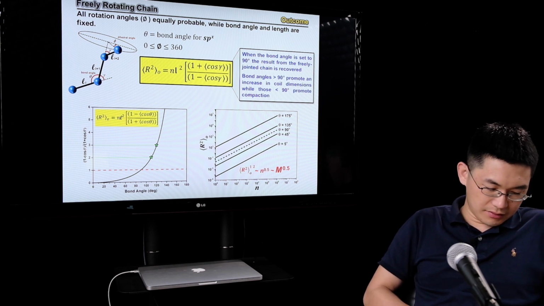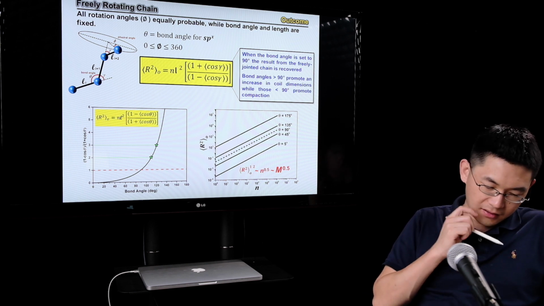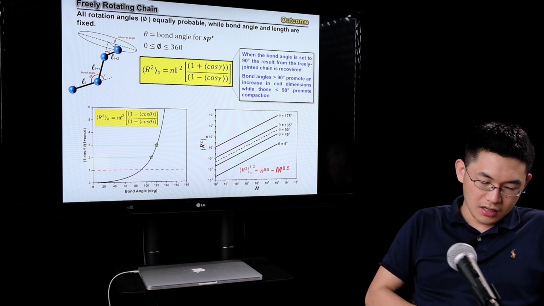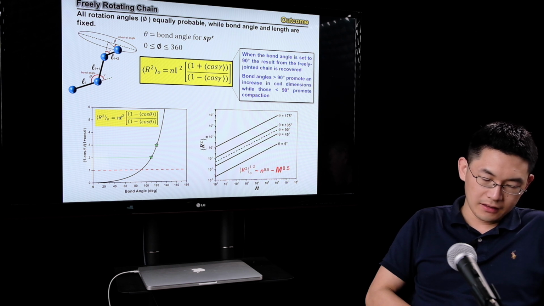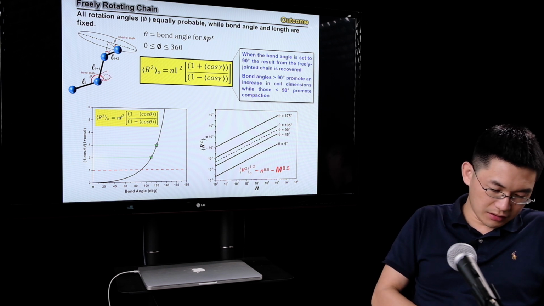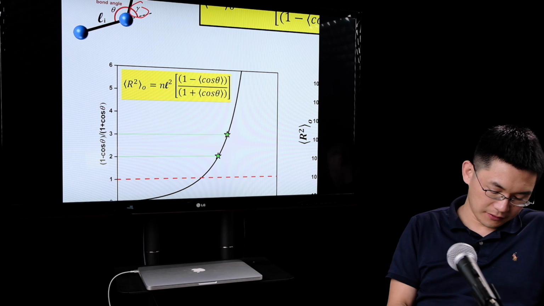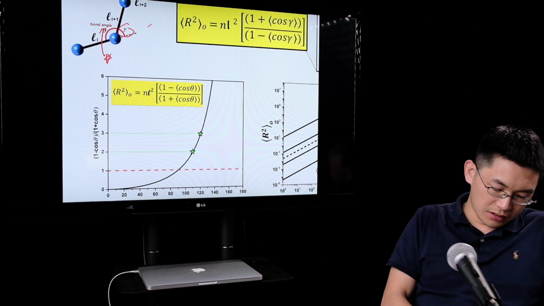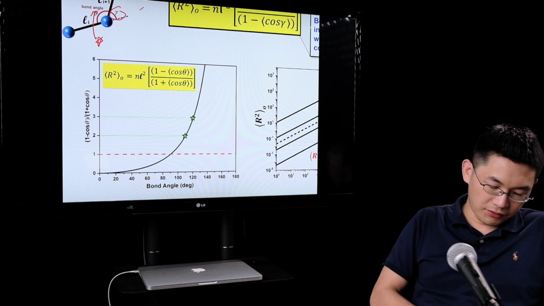And we can actually show a couple of calculations about how this end-to-end distance changes with different degrees of expansion. So for example, if we have a bond angle, this gamma term, let me show it bigger. Sorry, this should be the theta angle as the bond angle. It can be a little bit confusing, depending on which textbook you use.